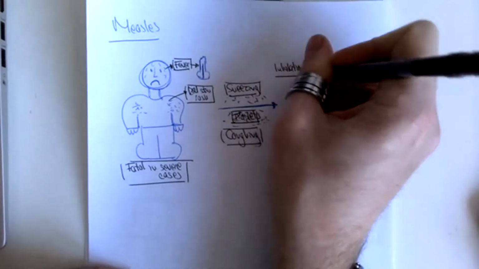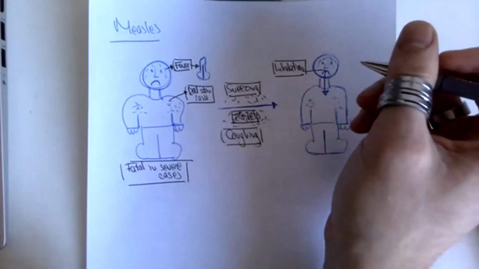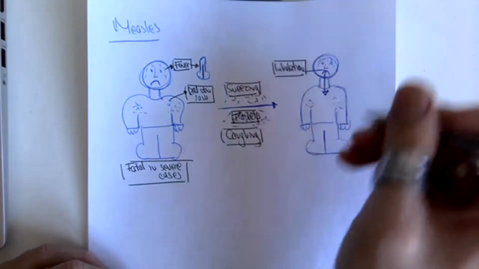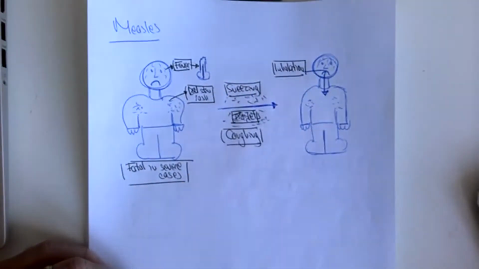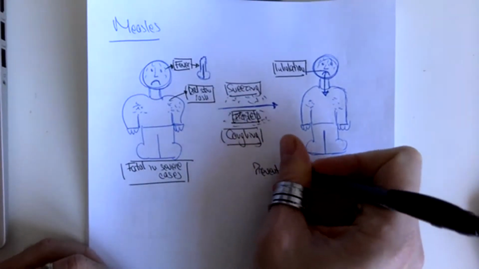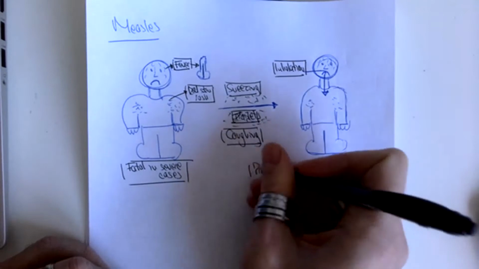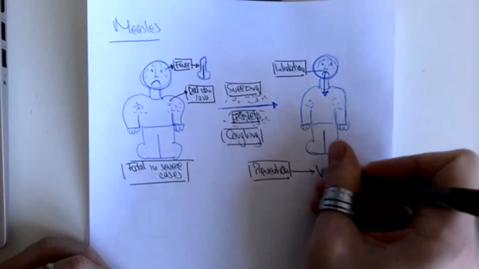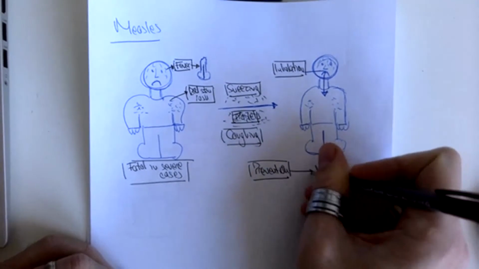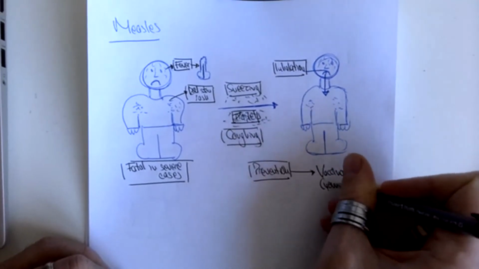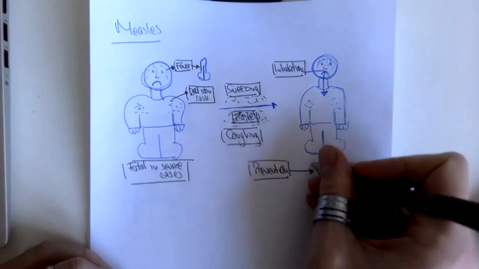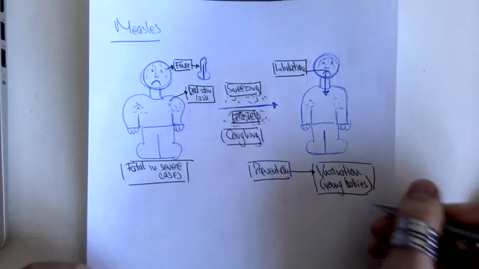Now, methods of prevention and treatment. In respects to prevention, there is obviously the ability to vaccinate, especially very young babies, young toddlers and children, against measles, for example, in the MMR vaccination.